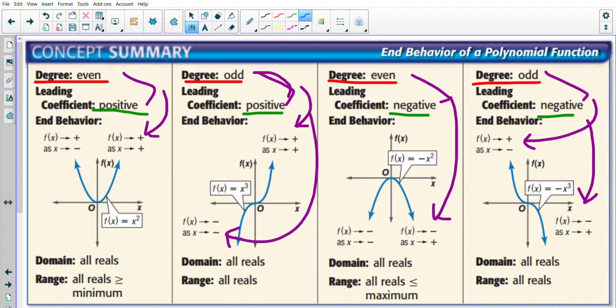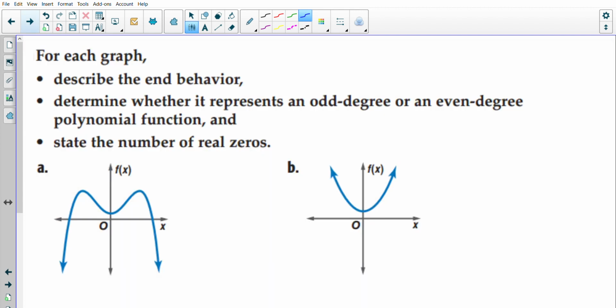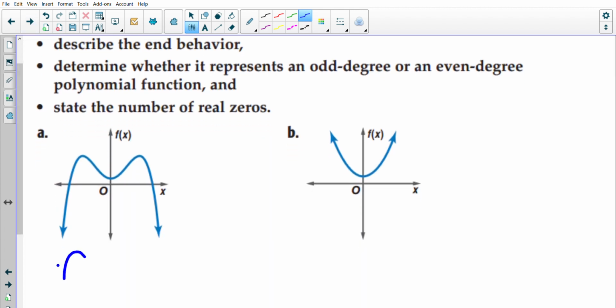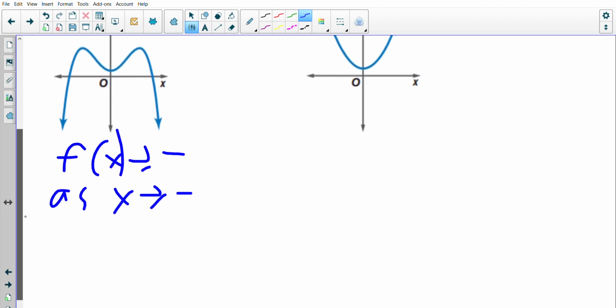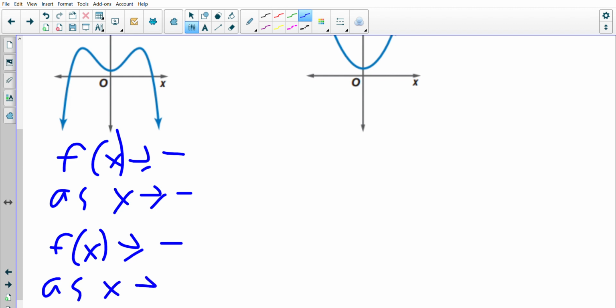So our answers are right here for A. Our two answers are: f of x goes to negative as x goes to negative, and also f of x goes to negative as x goes to positive. If you follow that chart, this will be your answer.